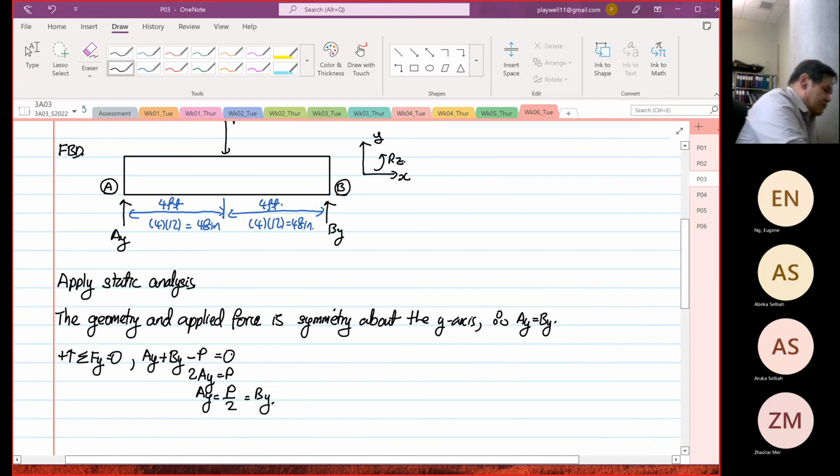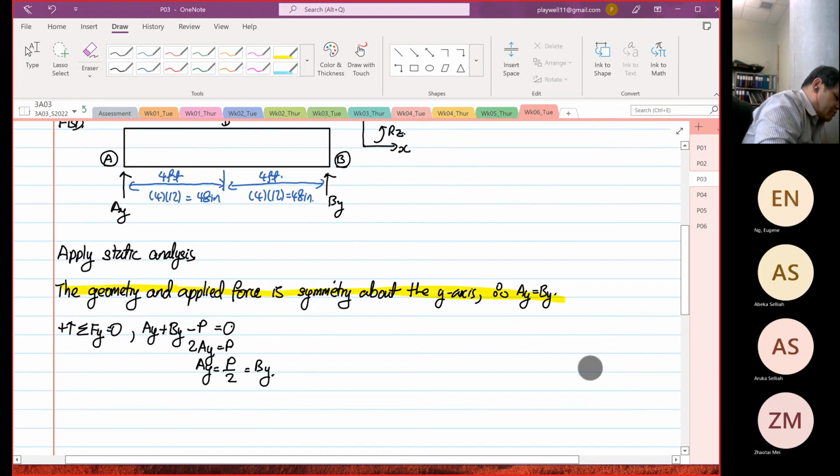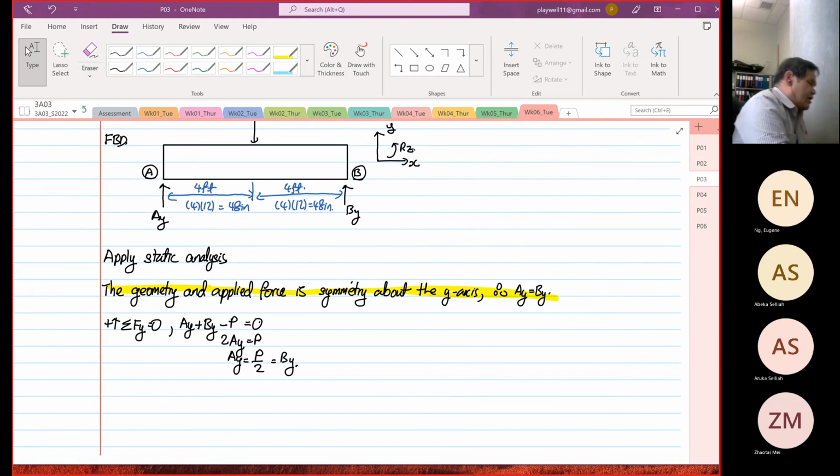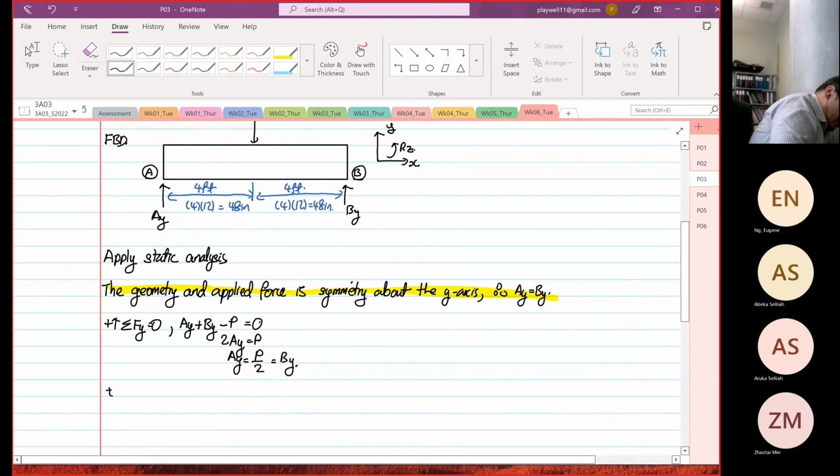But if you are not sure about this statement over here, don't worry. You can still carry out static analysis, but all you need to do now is to consider the moment. So summation of moment about the z-axis at point A is equal to 0.